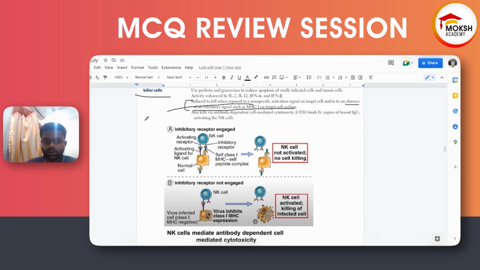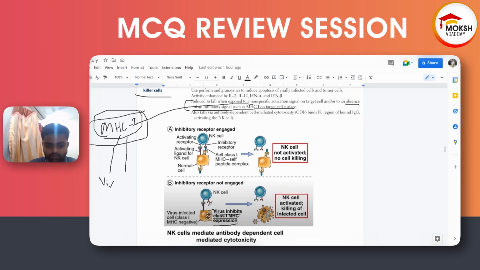Remember, MHC class 1 is expressed on all nucleated cells of the human body. Whenever there is no MHC class 1 on the surface, it's usually seen with virally infected cells. Viruses inhibit MHC class 1 expression, so there is an absence of inhibitory signals.